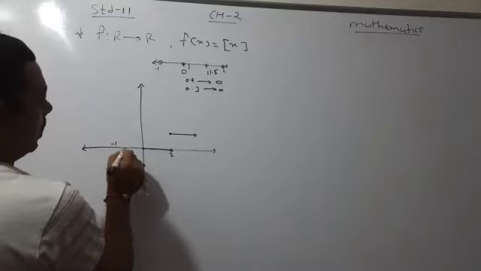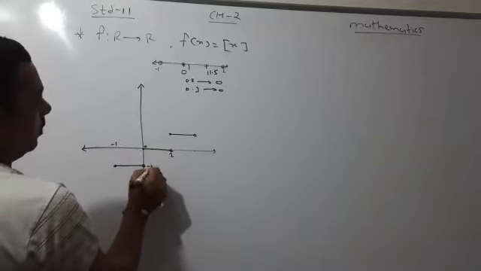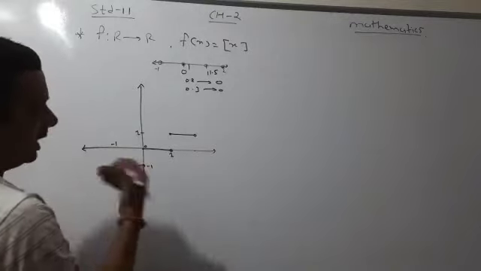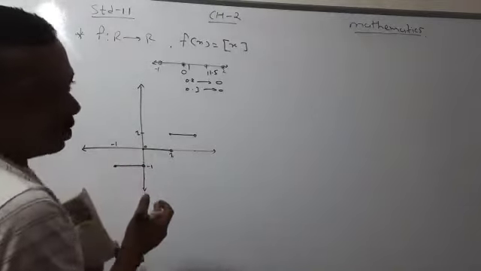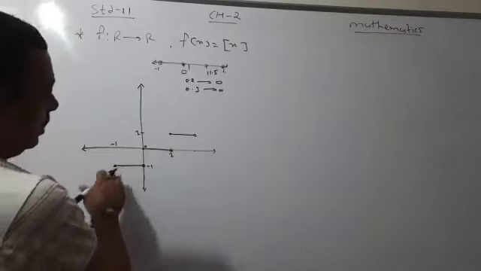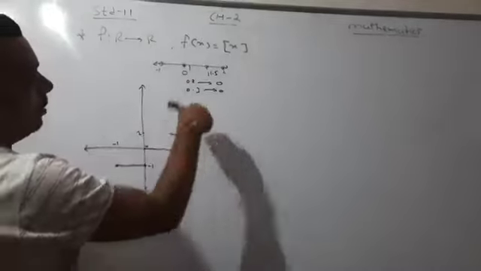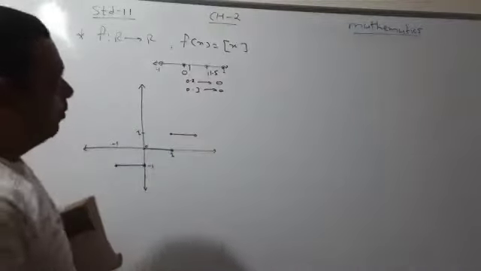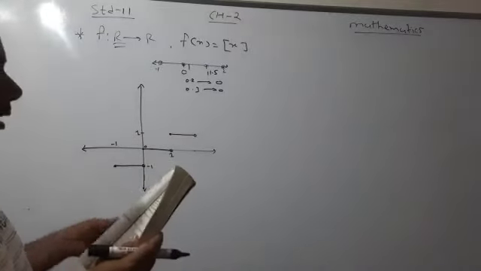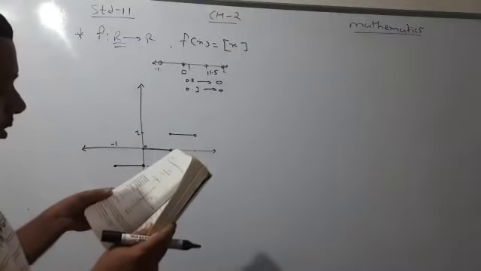Okay, minus 1, 0, this will be minus 1, this will be 1, and so on. Someone says that this function is also known as the step function. See the step, step, step. This will continue to infinity because x belongs to R. So this is known as the greatest integer part function.